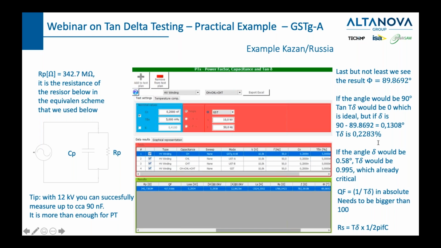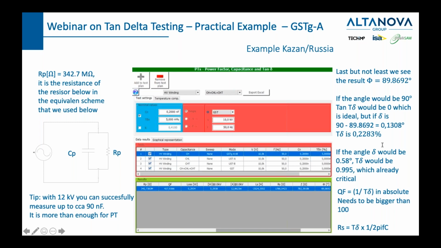Mr. Kelvin is asking, what are the advantages of testing the insulation of a transformer using the TDX over using a conventional ground tester with a function for performing an insulation test? Well, I would say that with a TDX, you really get the tan delta value.